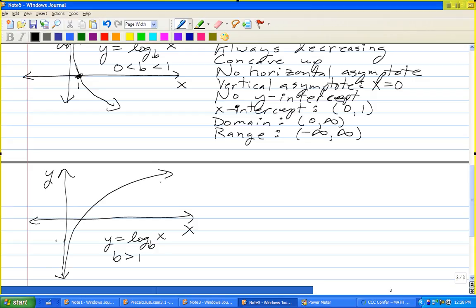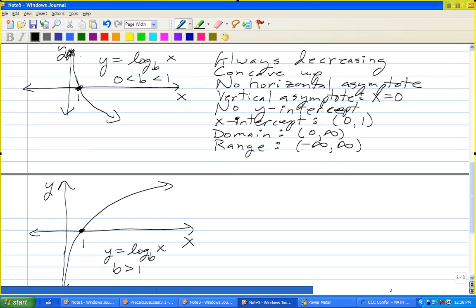Something like this. Okay, so it is always increasing.